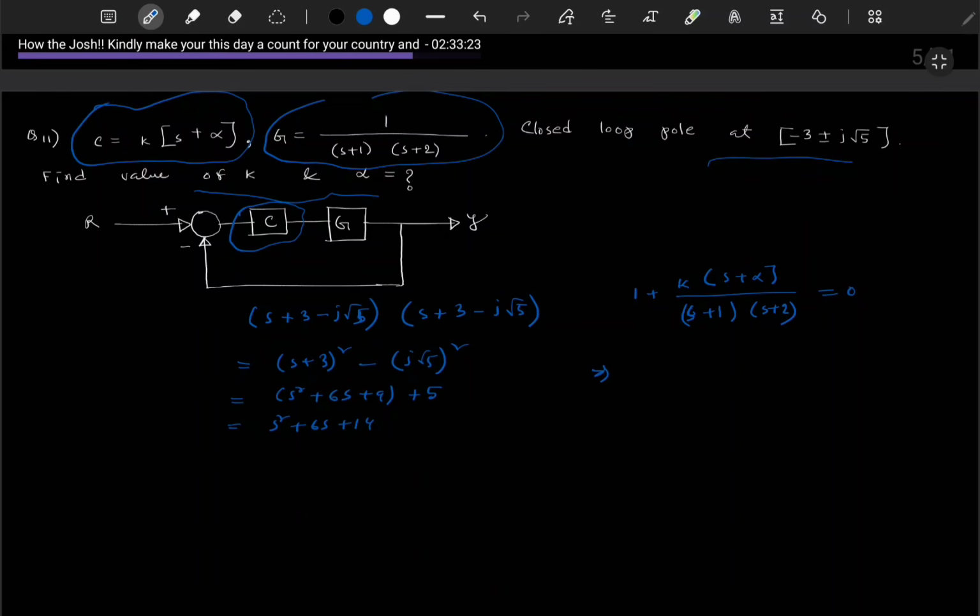So we need to multiply both. Sorry, I missed this. So it will be s square plus 3s plus 2 plus Ks plus alpha K equal to 0.